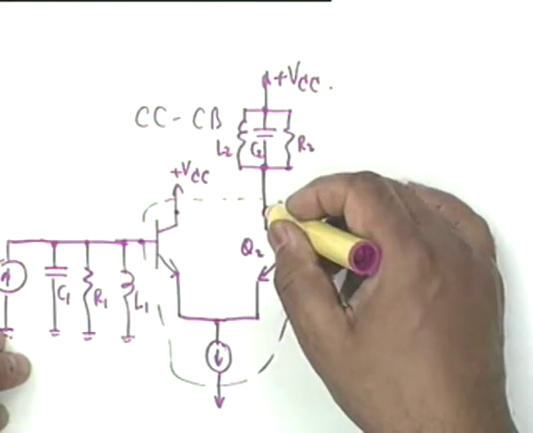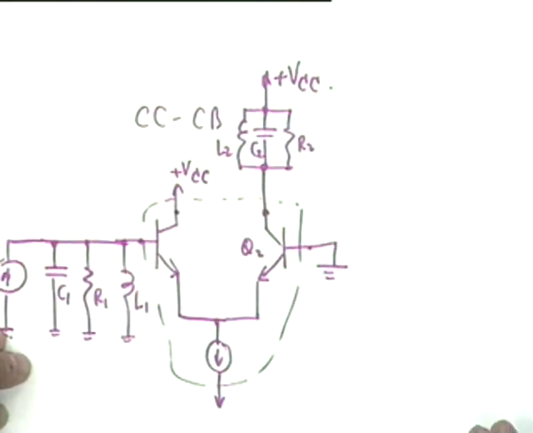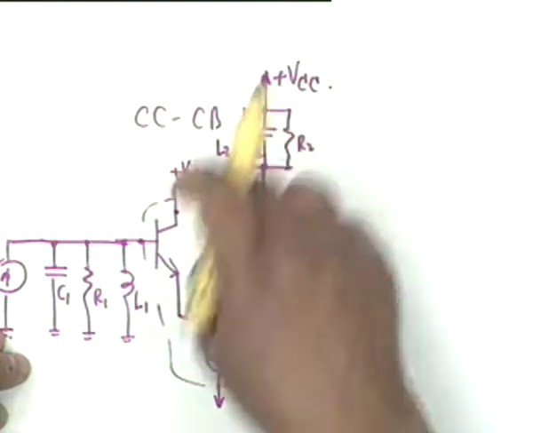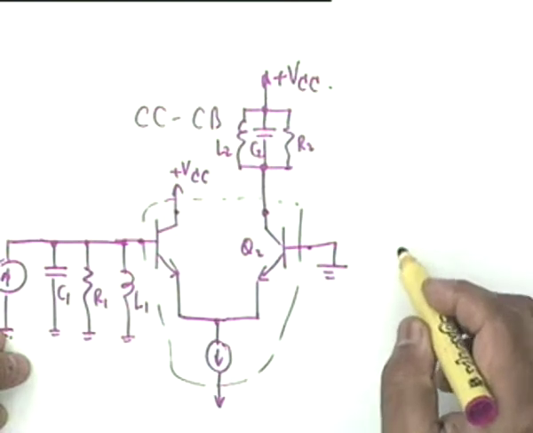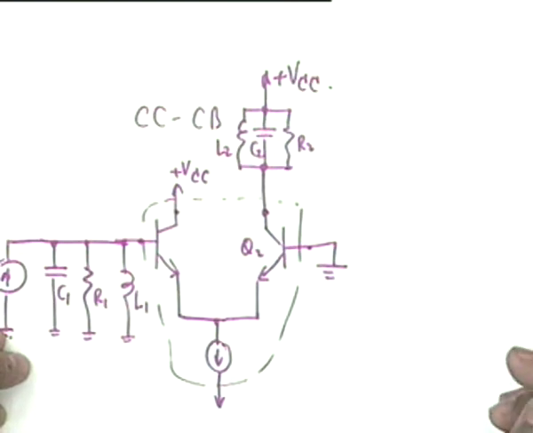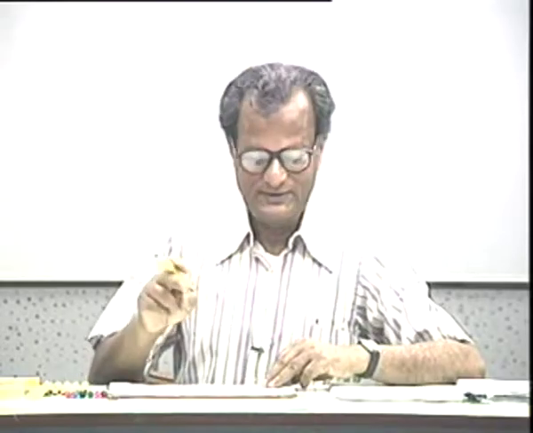Obviously this cannot be coupled directly to the next stage. Why not? Because then this tuned circuit shall be affected. So what you do is you put an emitter follower here, again a common collector stage, and then another CC-CB combination. You can get 4 of them, and 4 of them will make it much sharper.